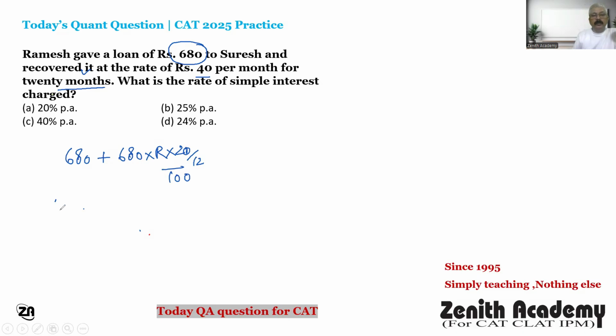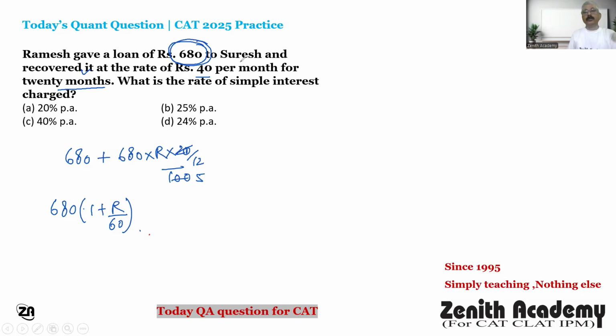So this is 680 plus R by 60, the sum due to be paid after 20 months. Is it clear?